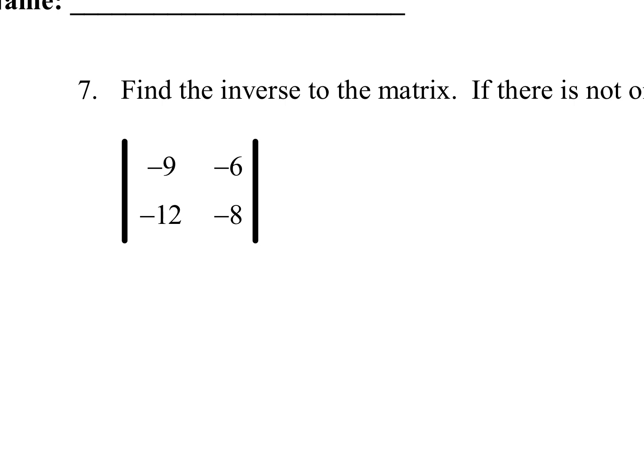So for 7, we want to find the inverse of the matrix. First thing we need to do is find our scalar. So we have 1 over major minus minors to find our scalar. Majors start up at the top.